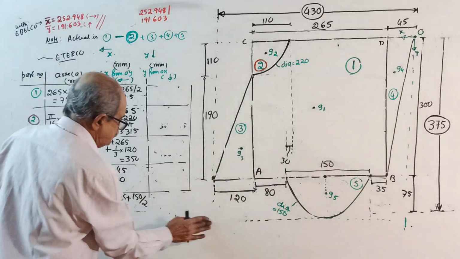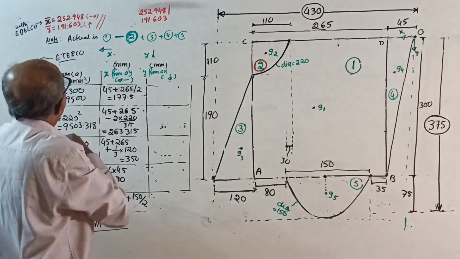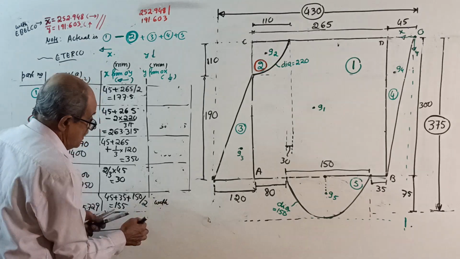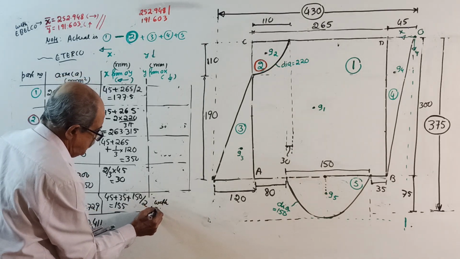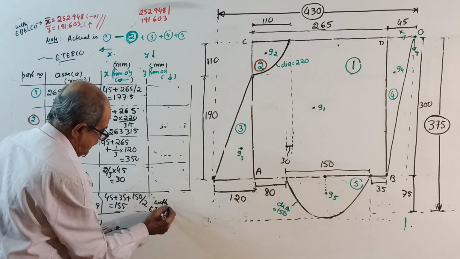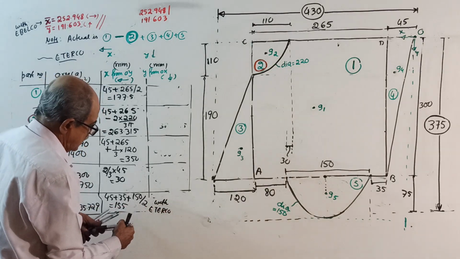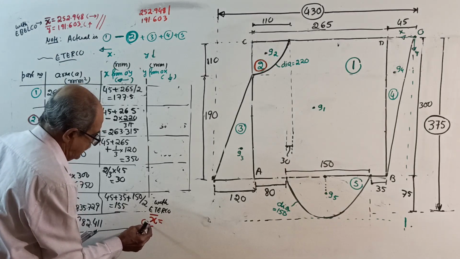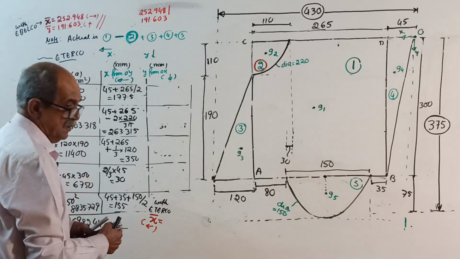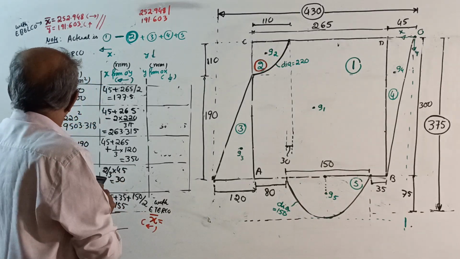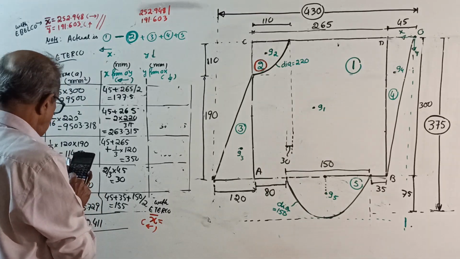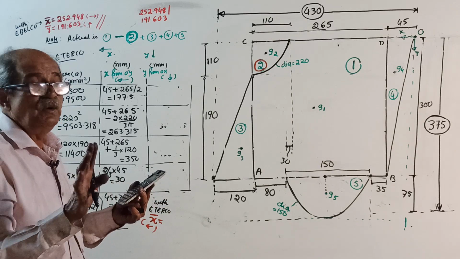With this value, I will write here now, with Aterco, x bar is to the left side now. x bar will come: 79500 into, see, this time I am really doing it.